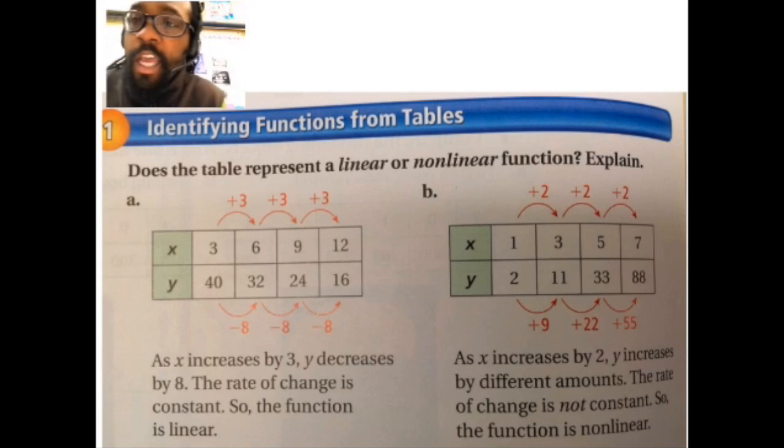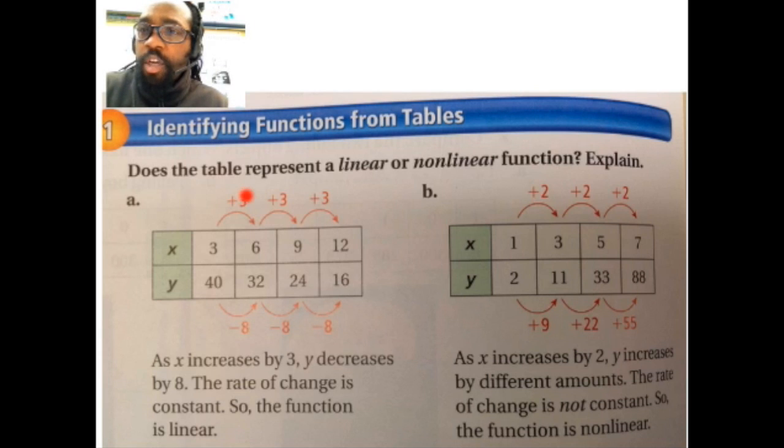Here's another way to look at it, guys. We have linear and non-linear representations here. You can tell me whether you think this is linear or non-linear. Let's take a look at A. And what they're showing you, okay, a linear function maybe? Well, let's see what the intervals are in this little chart.